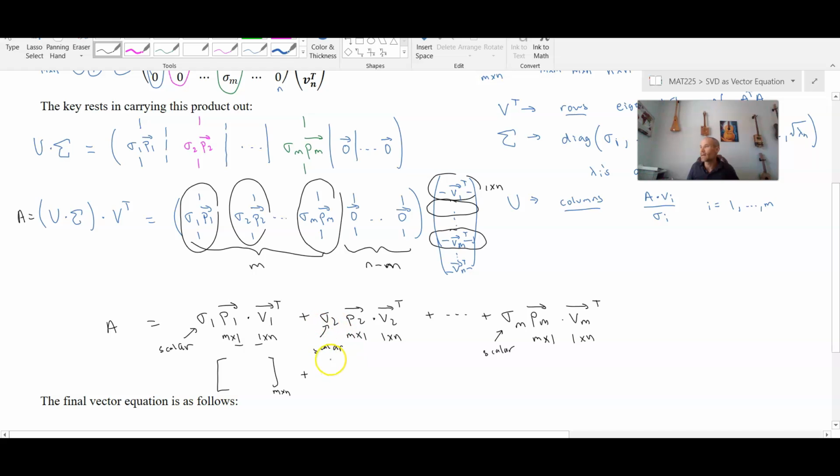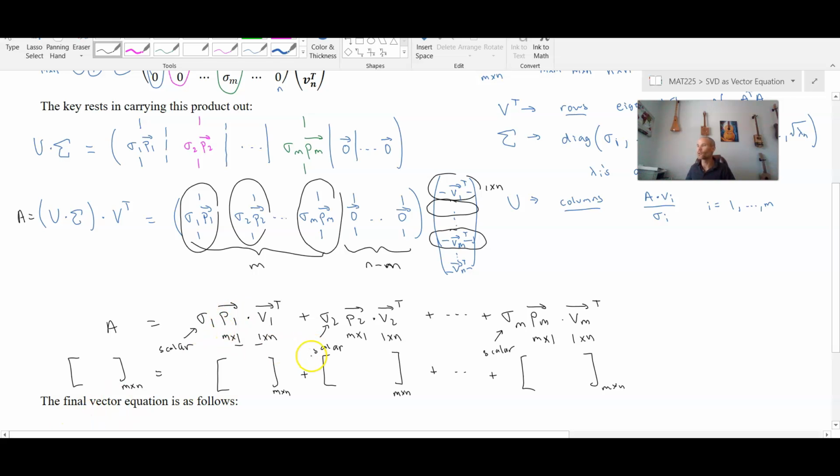And this is the outer product, the product between a column vector and a row vector. And same thing with this term, this will yield another m by n matrix, all the way up to the mth m by n matrix. And when I add together m by n matrices, I get an m by n matrix. And so this is the full-on vector decomposition.